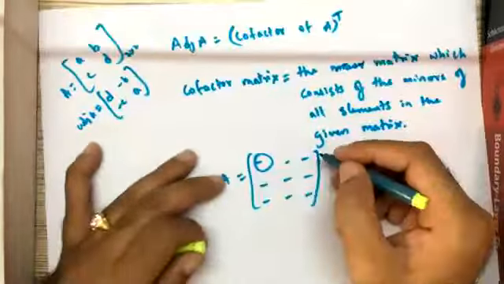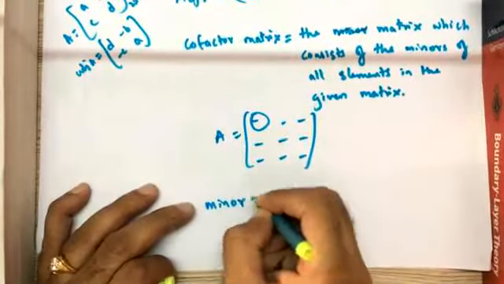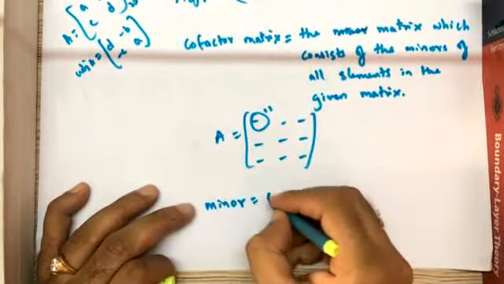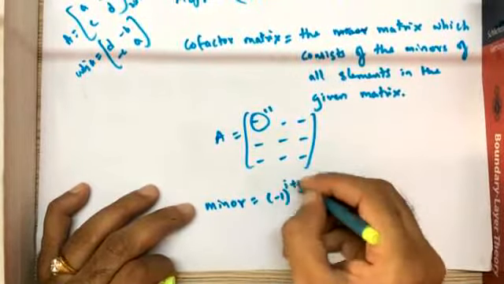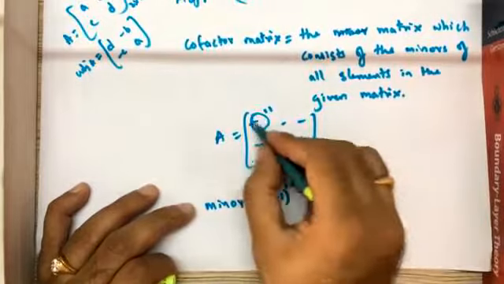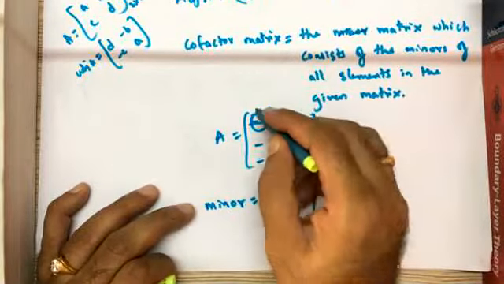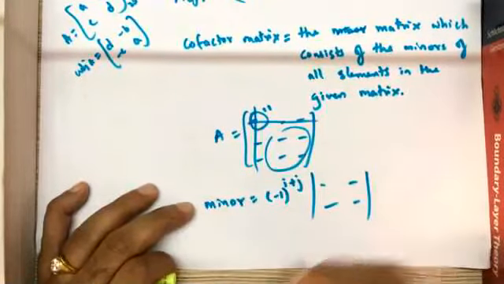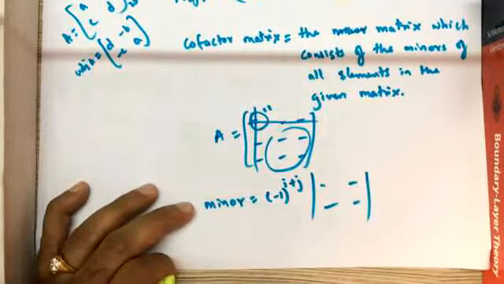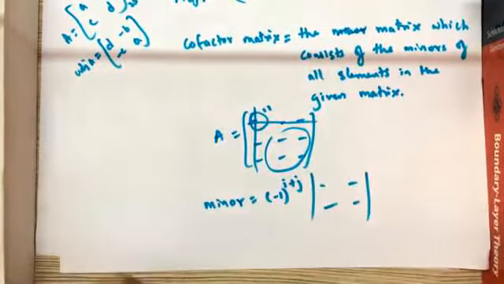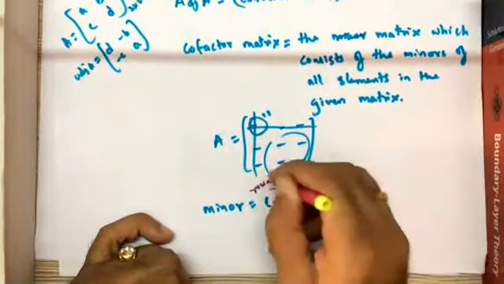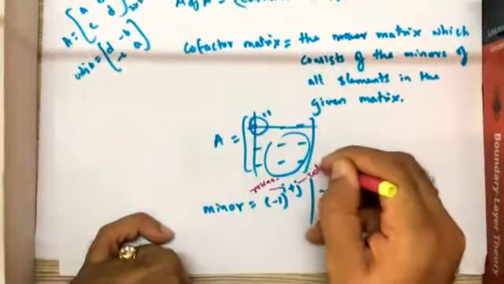What is minor? Say for example, this first element, row 1, column 1. So minus 1 whole power i plus j into, you have to eliminate that particular row and column, and you have to take the det for the remaining 2 by 2. Hope you guys understand what I am saying. So i being the row number and j being the column number.